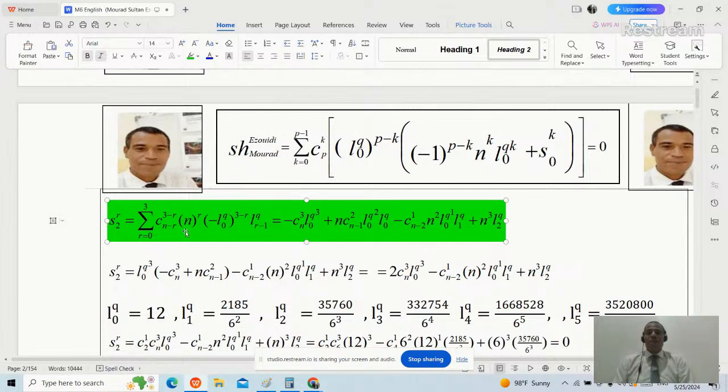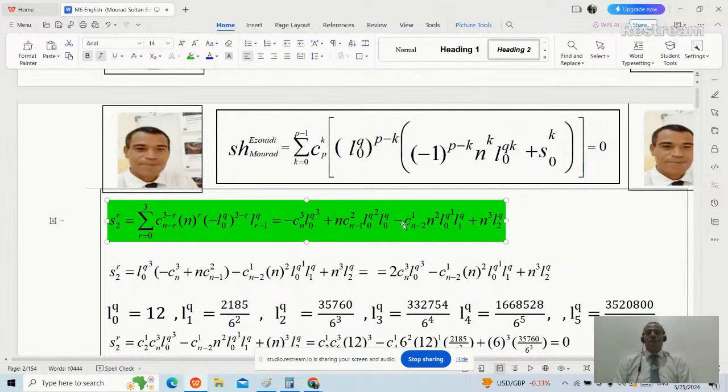Then when r equals 1, it will be n minus 1, and 3 minus 1 is 2, then n raised to the power 1. So I write plus n times combination n minus 1 choose 2 times L0 of q to the power 2 times L1 of q, because 1 minus 1 is 0.